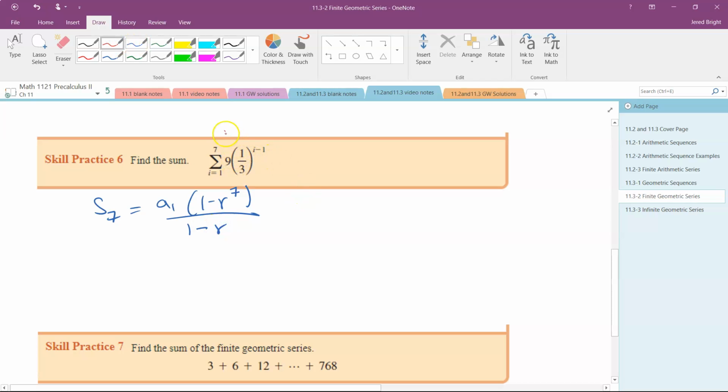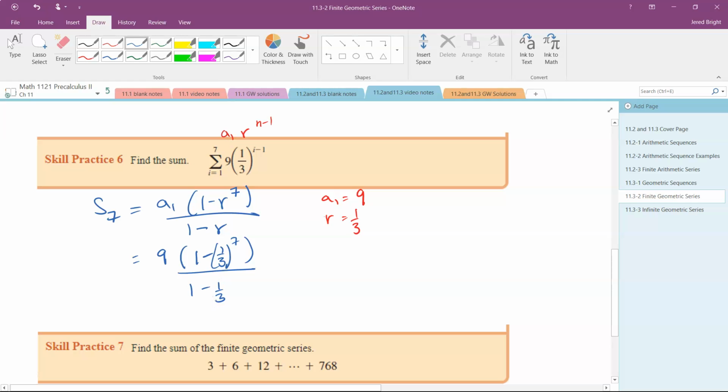This is like a1 r to the n minus 1, so that means a1 is 9, r is 1/3, and I think that's all I need to know. So then I have 9 times 1 minus 1/3 to the 7th power, all over 1 minus 1/3.